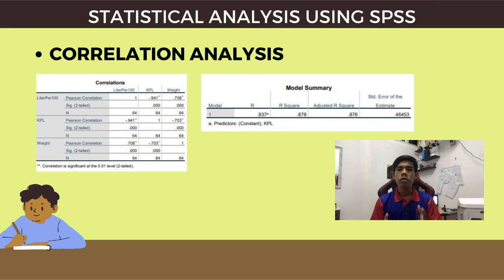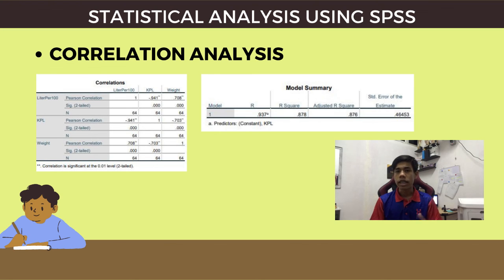Based on the Pearson correlation analysis using SPSS, we have measured and determined the relationship and strength between the variables. A relationship occurs when changes of one variable tend to go along with constant changes in the other variables. From the study that we made, we measured the correlation between the liter per 100 and KPL.